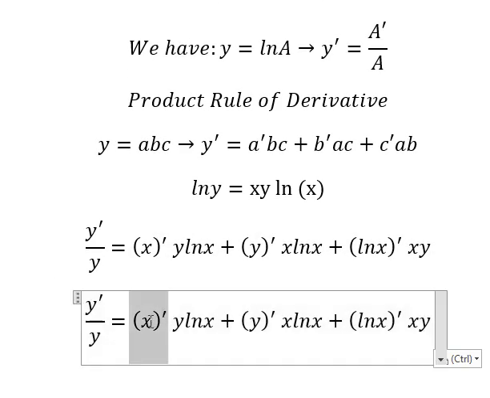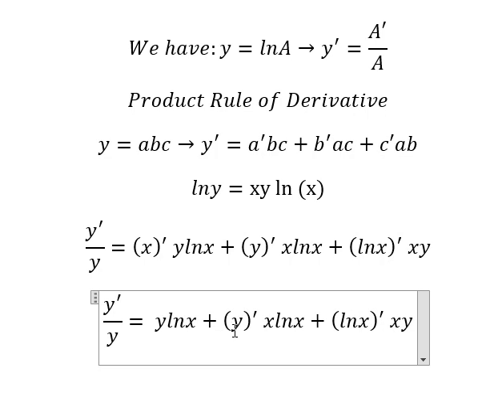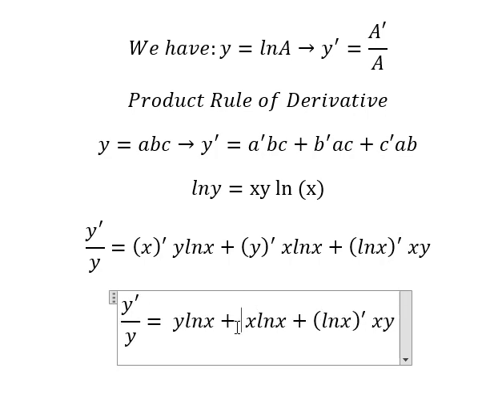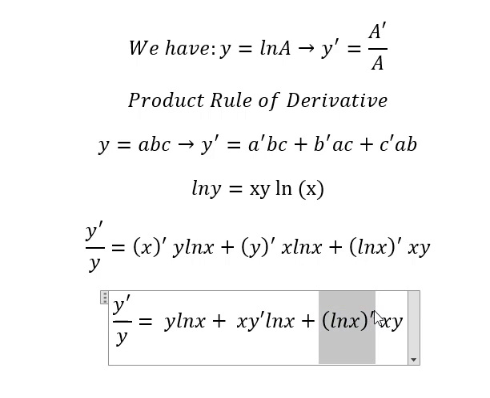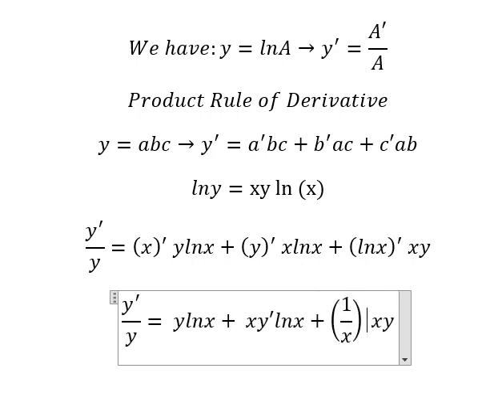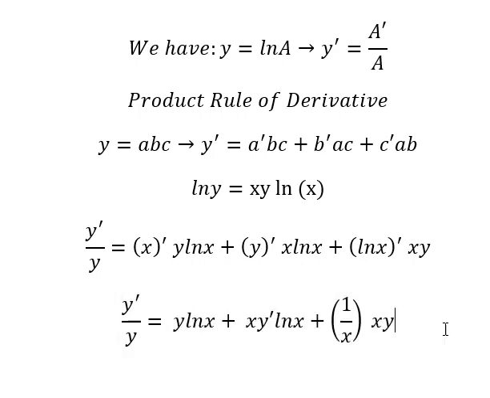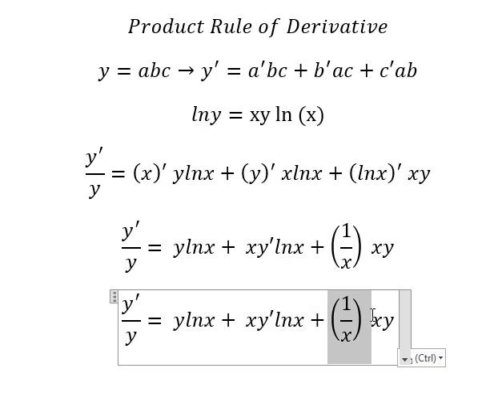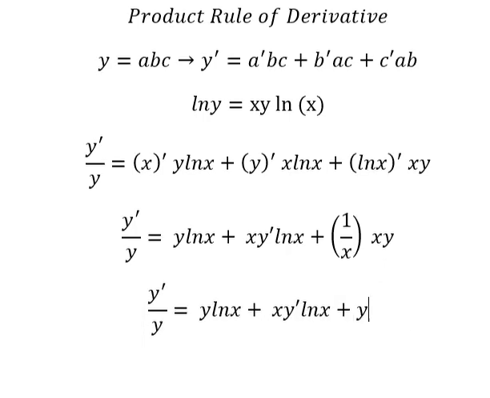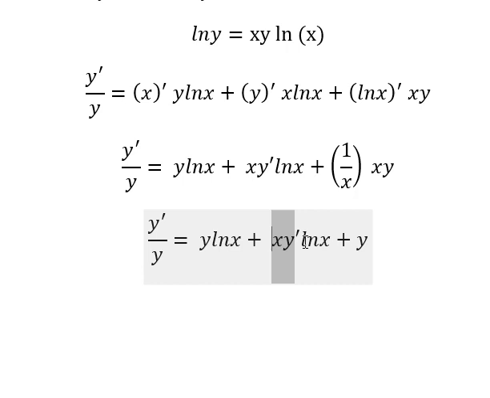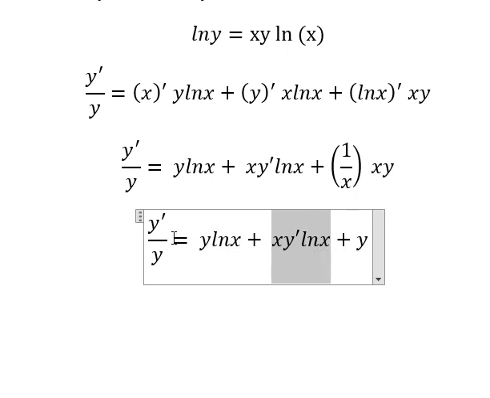So this one we have number 1. This one we have first the derivative of y. This one we have 1 over s. So we simplify s. And now we have this one. I will put on the left.